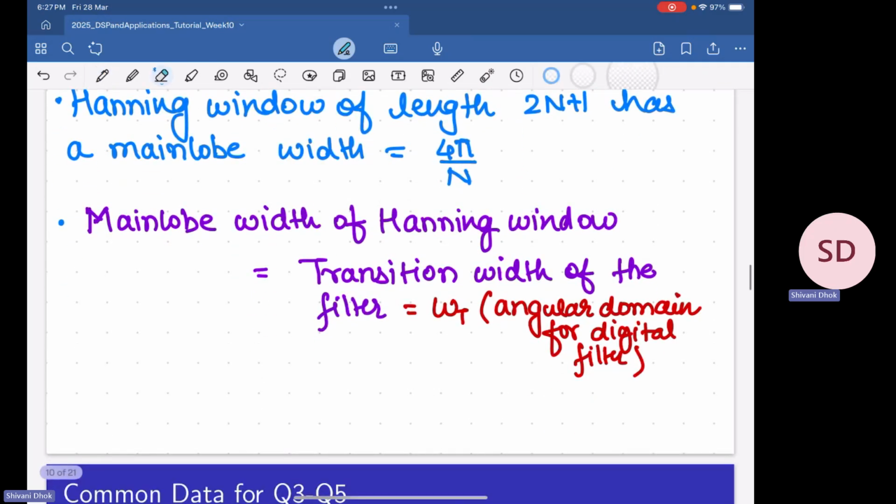So what relation do we have now? We have 4 pi by n to be equal to the transition width, that is, let's say, omega t.